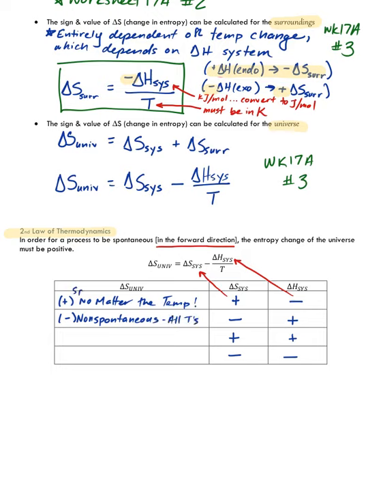Okay, so this first one was spontaneous no matter what the temperature is, and the second one is non-spontaneous at all temperatures. For the last two cases, we're going to see we have a positive minus a positive. It could be positive, it could be negative. It's going to depend. So we can't predict for these last two cases.